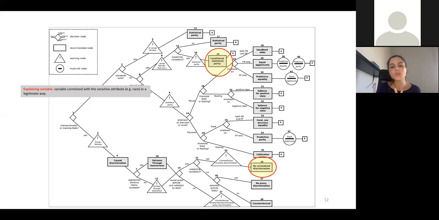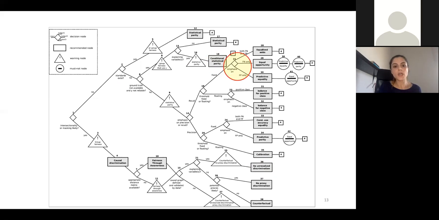Just one note: the choice of the explaining variables should be done carefully, and it generally needs the intervention of experts of the domain. And this actually represents one of the difficulties of applying these notions in real life settings.